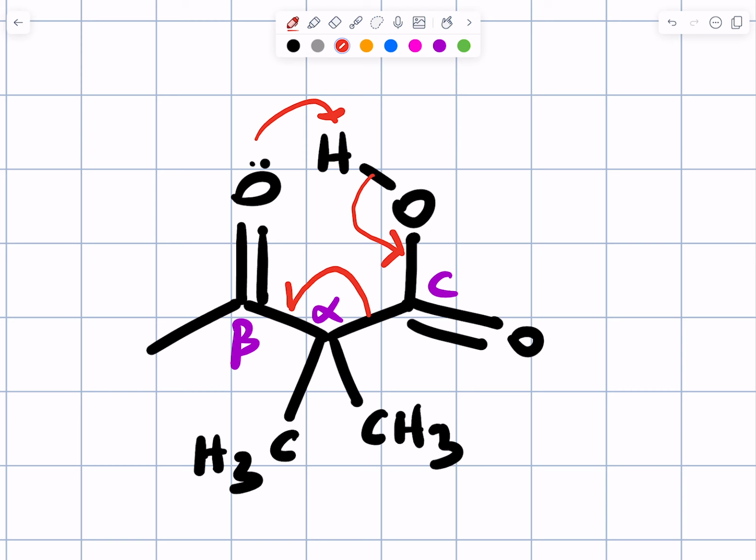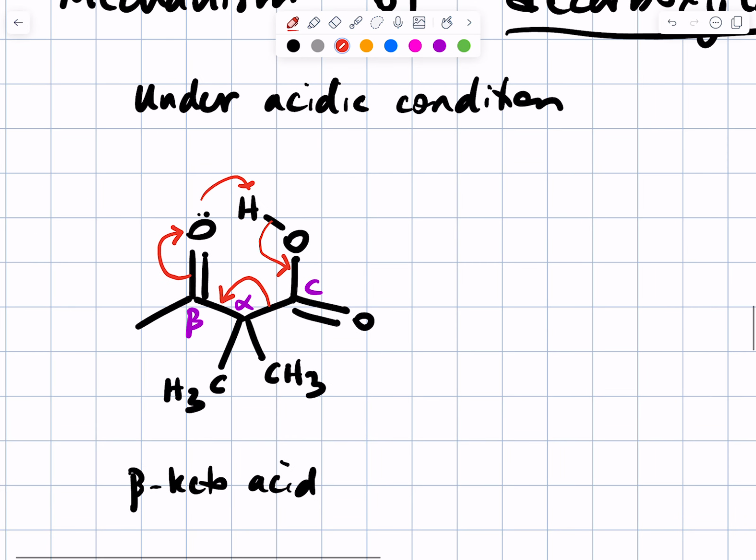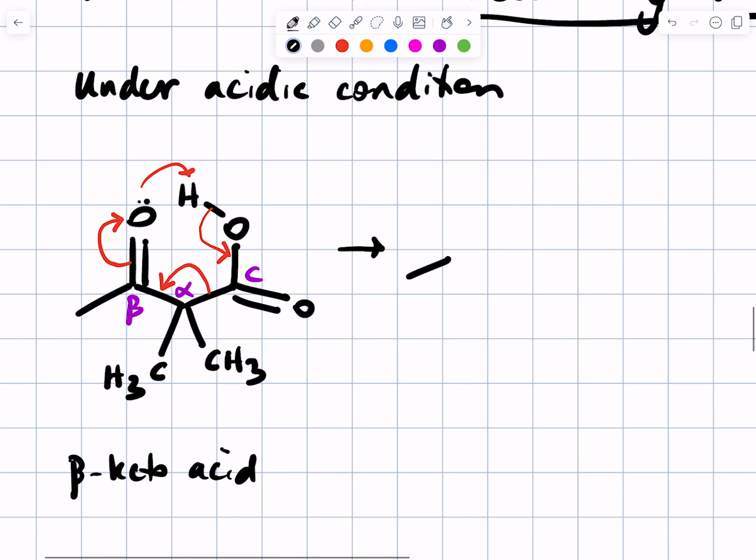Those electrons will go to form a bond between alpha and beta carbons, and then the pi bond between the beta carbon and the carbonyl oxygen will break. I know you hate that, but if you follow all the arrows, it leads to that enol product that I showed you.